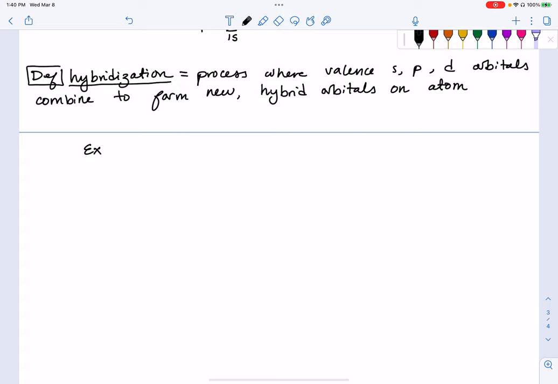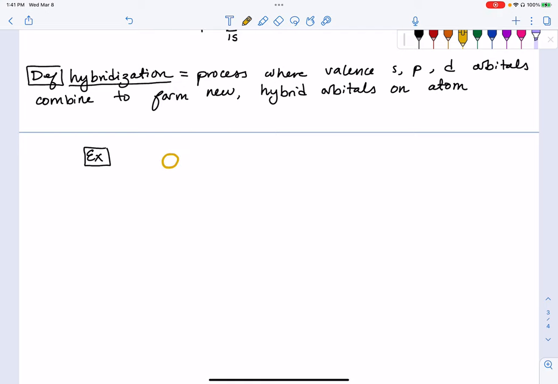So I think I showed you this already on Monday, but let's look at it again. Let's look at the result of some general s combining with some general p. Let's actually draw my s first.